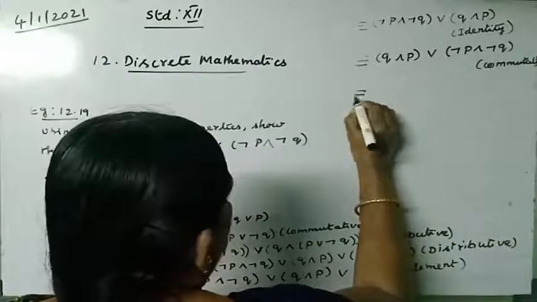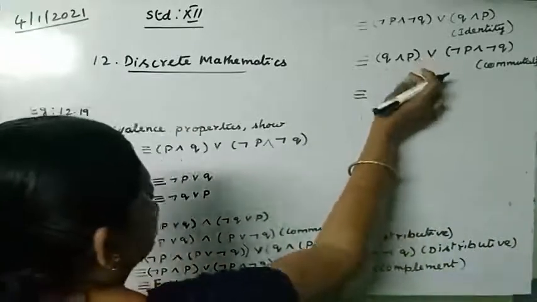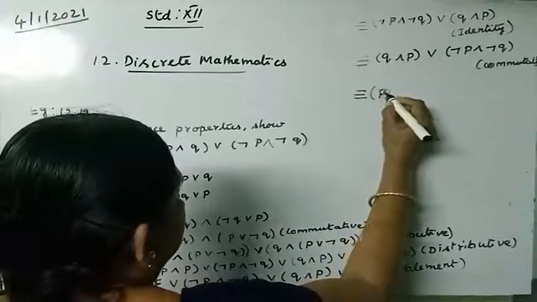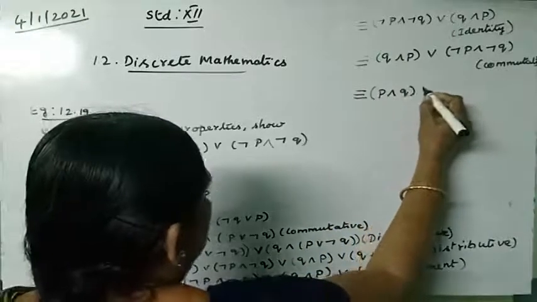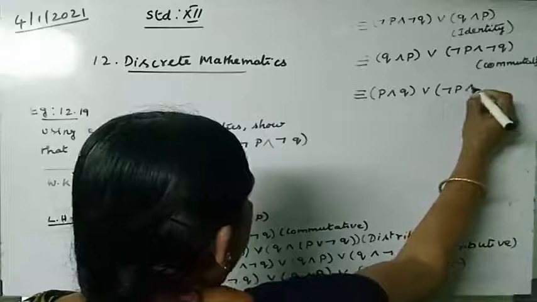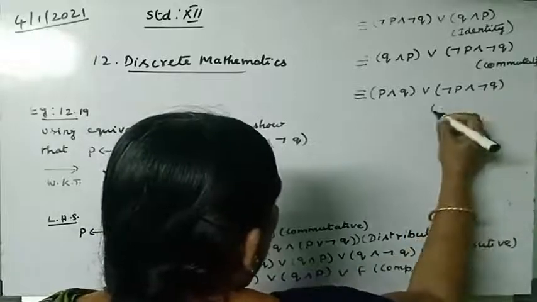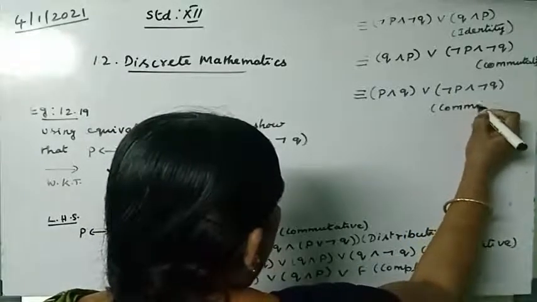Once again here we can use the commutative law. It is P and Q or negation of P and negation of Q. Once again we used the commutative law.